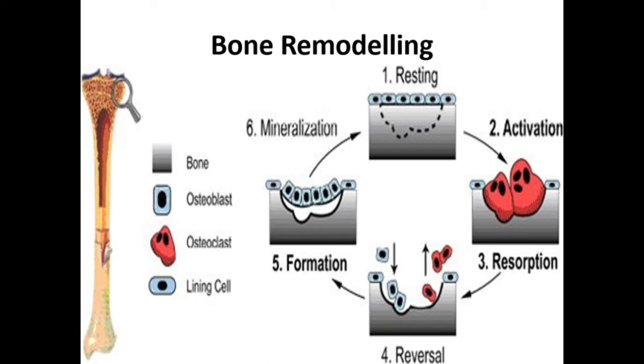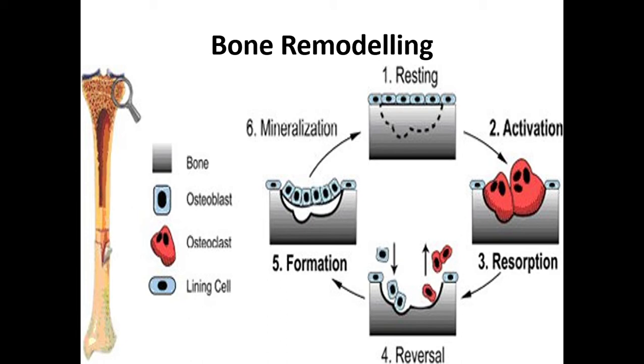the osteogenic cells will be activated to become osteoclasts. If the osteoclasts are formed, they will undergo bone resorption to balance the population of bone cells that are formed. So we have activation to resorption.